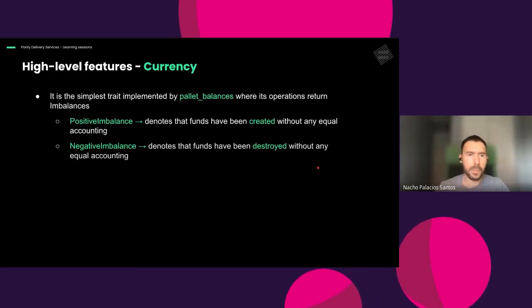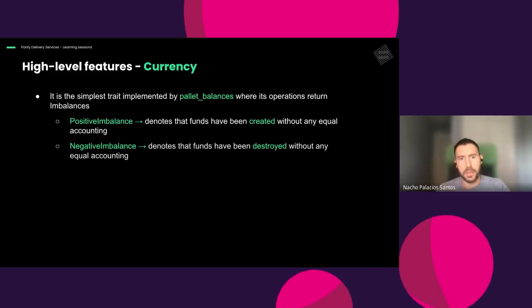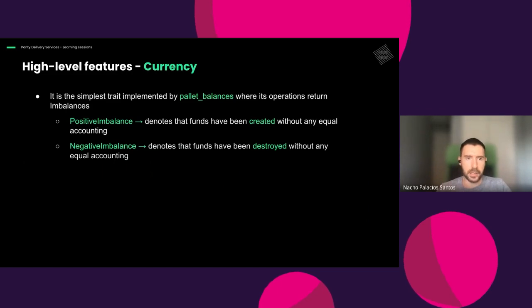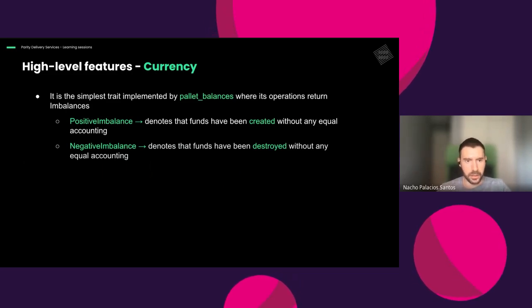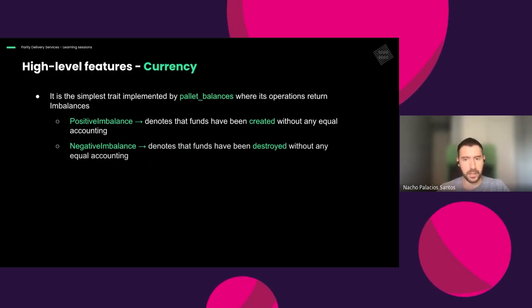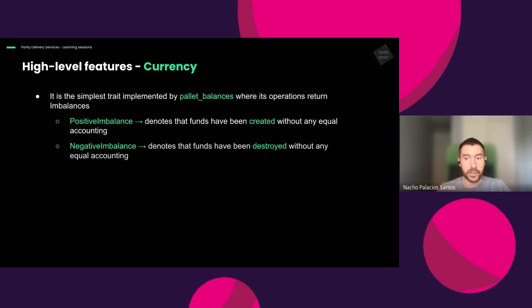Currency. This is the simplest trait implemented by pallet balances, where its operations return imbalances. This trait depends on two associated types that implement the imbalance trait. You have the positive imbalance, which denotes that funds have been created, or minted, without an equal accounting.